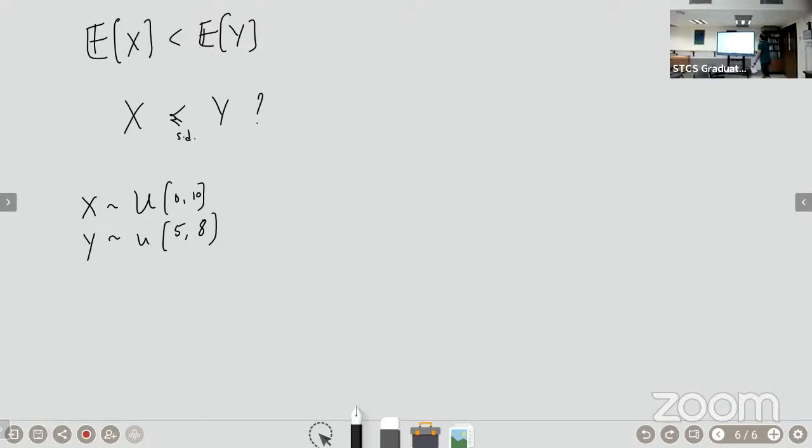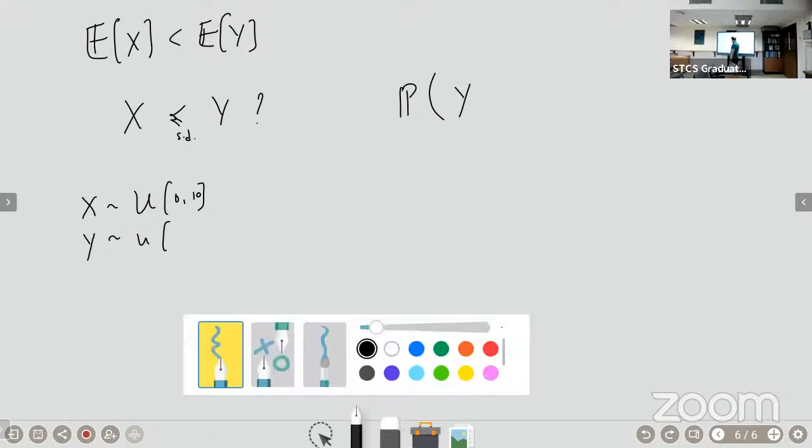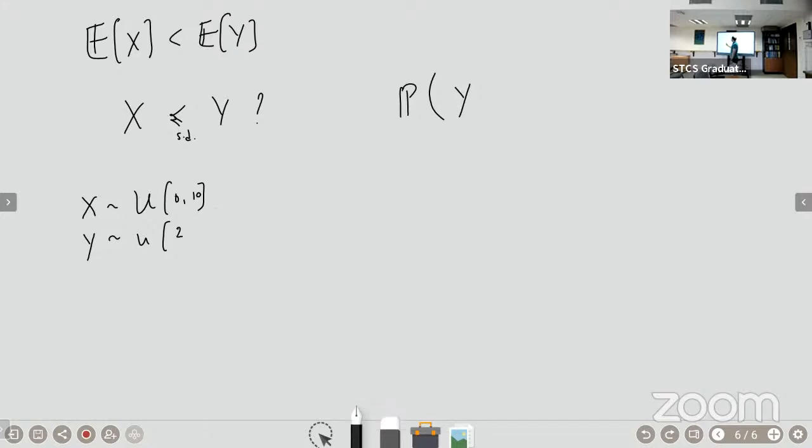So for that to happen, what kind of random variable do you have to look at? We want this probability of... Yeah, Y could be uniform 2, 5. The mean of X is small, but none of them dominates it.